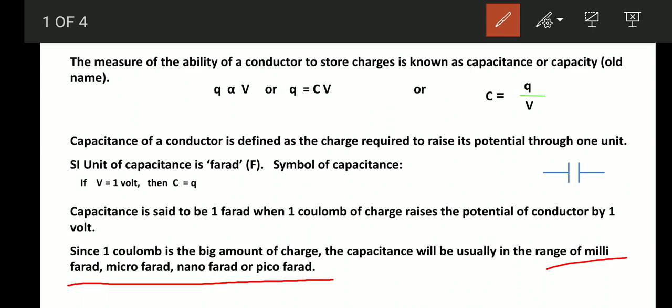If you go to the shop and ask for a capacitor, they will ask you the value of the capacitor. If you look at the capacitor, they will mention it is 2.5 millifarad 24 volt, 50 microfarad 60 volt, like that you will get a range of capacitors. The capacitor which we have seen already in a ceiling fan, that is a capacitor.